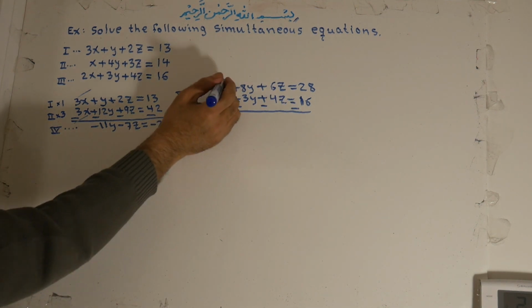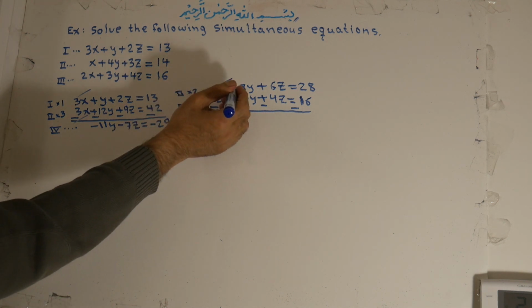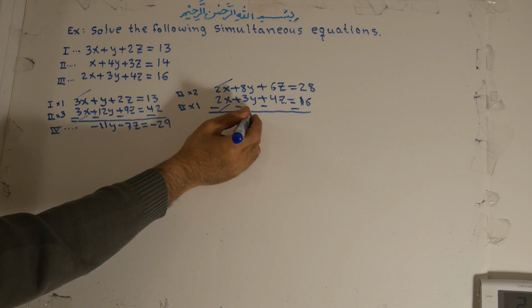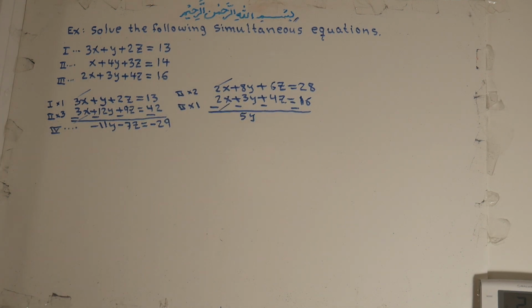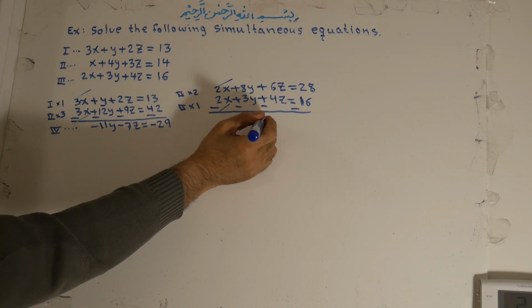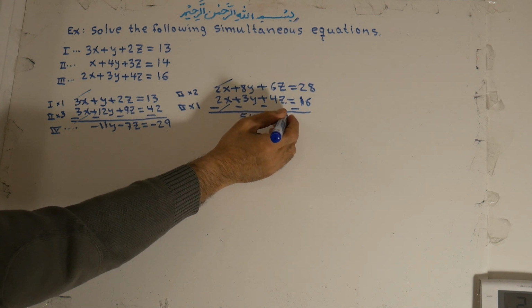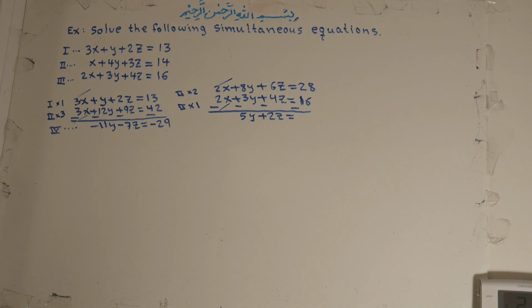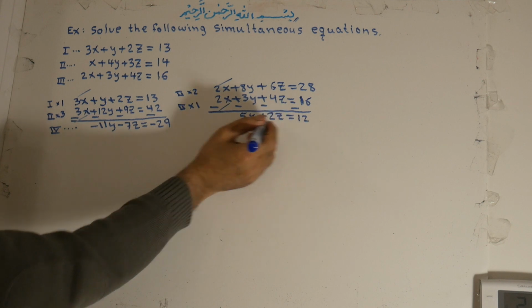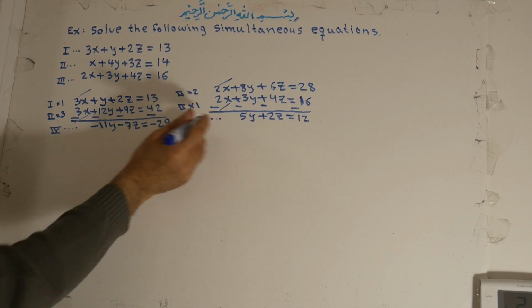Then positive 2x cancels with negative 2x. 8 minus 3 is 5y. 6 minus 4 plus 2z is equal to 28 minus 16, which is equal to 12. We name this one equation number 5.